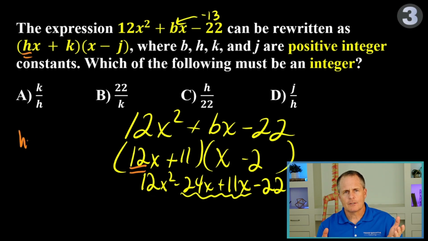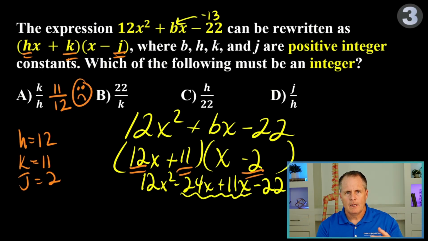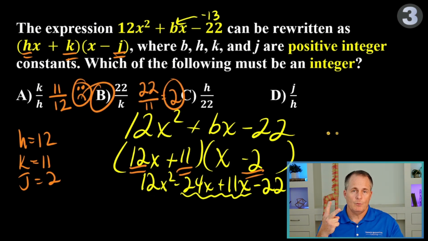Let's look at the answer choices. We already figured out H is 12, K is 11, and J is 2. Answer choice A is wrong because 11 divided by 12 is some terrible decimal. That's not an integer. Luckily, answer choice B works because 22 divided by 11 is 2.